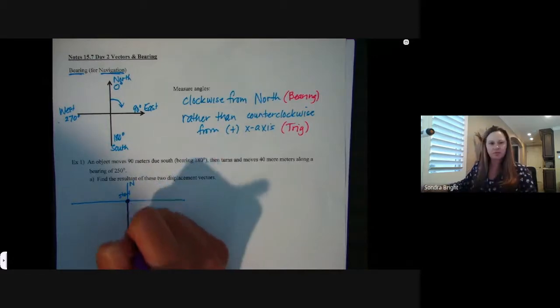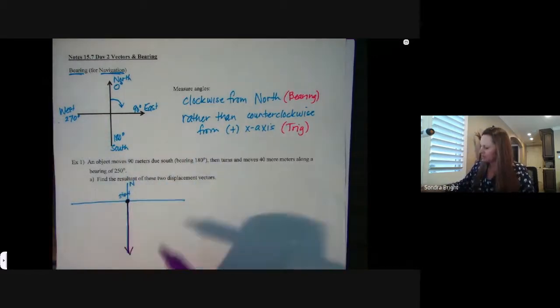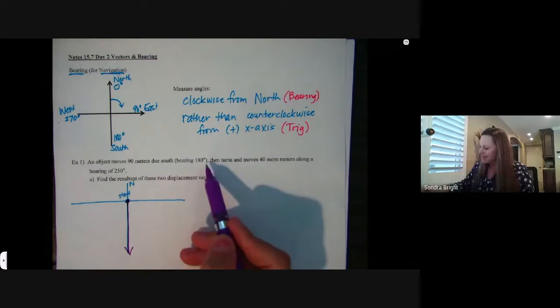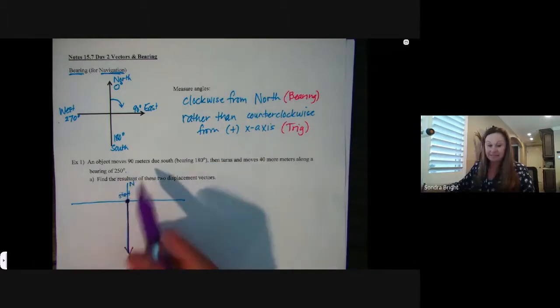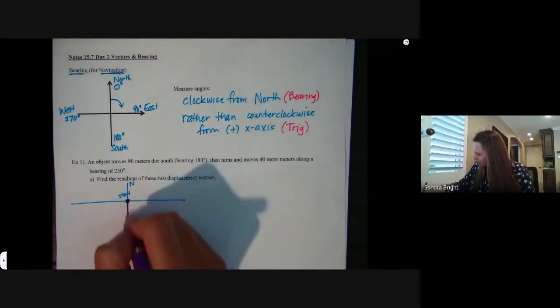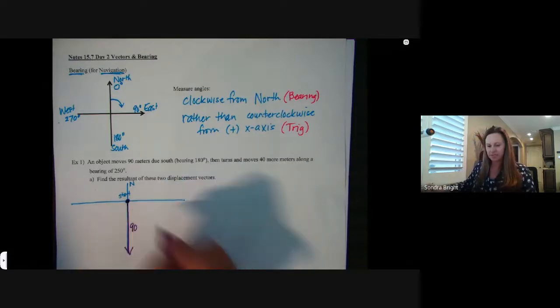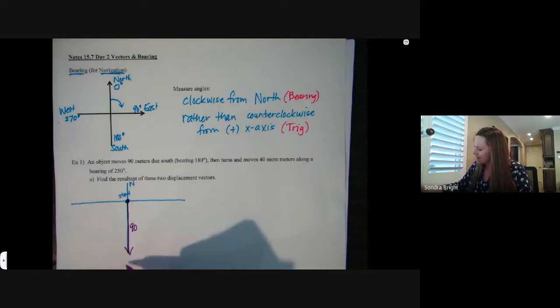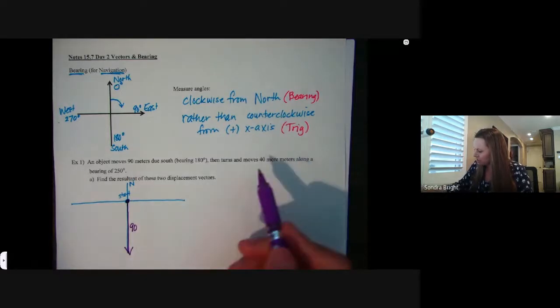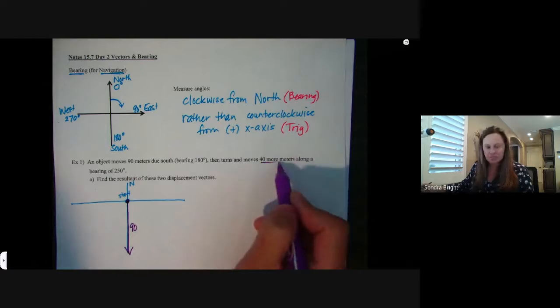So the object moved straight down due south with a bearing of 180 degrees, and it went 90 meters. So 90 will be the length of this vector. And then it says it turns and moves 40 more meters along a bearing of 250 degrees.